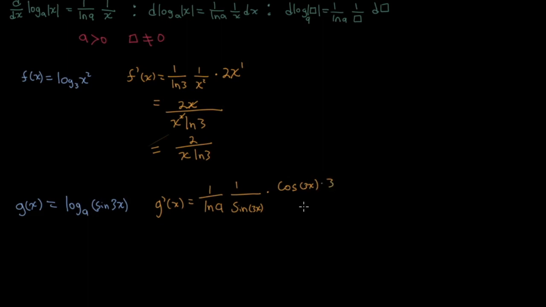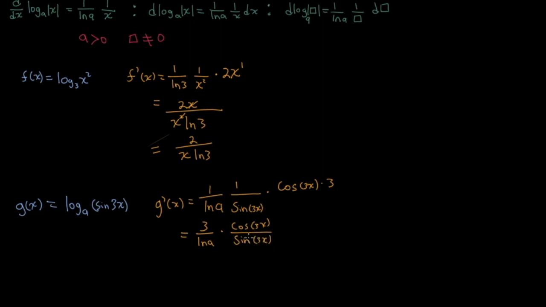Now, of course, we can go ahead and simplify that. The way I'll write it for this particular case is 3 over ln a times cos 3x over sine 3x. Now, why am I writing it this way?